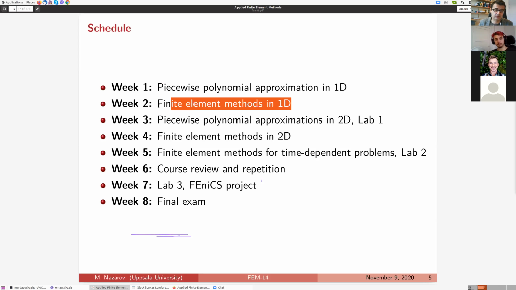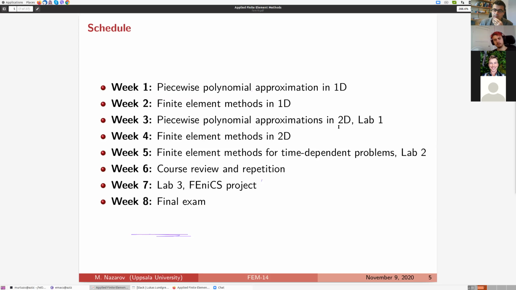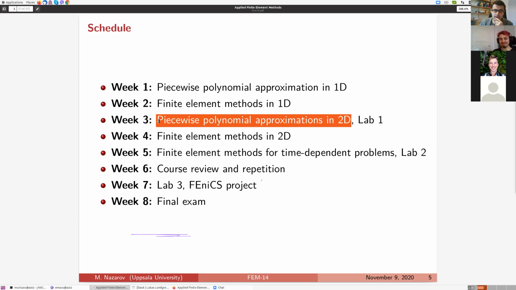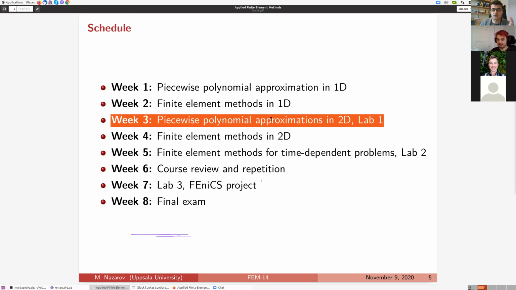If you are taking that course, you will see a lot of similarities, but it's going to be 1 or 2 lectures at most. Then we move to piecewise polynomial approximation in 2D. The same thing we extend to 2D. We talk about how to construct these spaces in 2D.